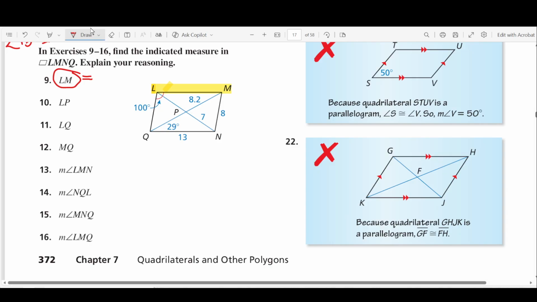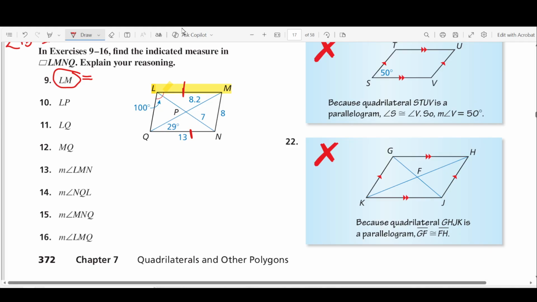Find LM, this length, and give me the reason. Explain your reasoning. This is a parallelogram. So what should be the length? How did you do the above questions? What are the rules that we just learned about parallelograms? Yes, opposite sides are equal.